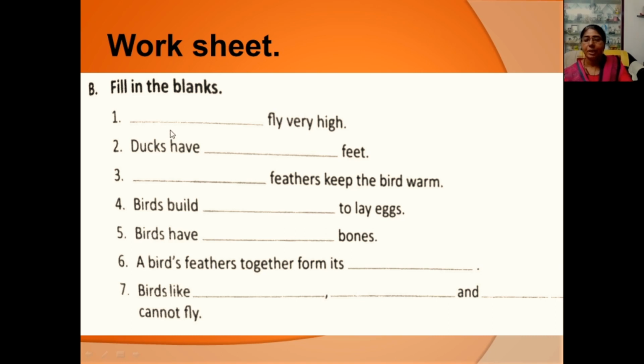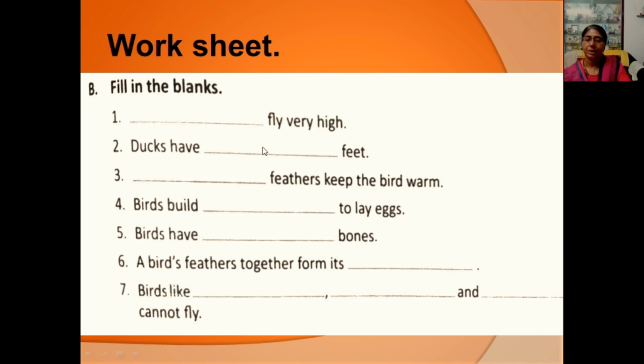Then next we have learned about birds fly at different heights. Eagles and vultures can fly at very high, but sparrow can fly very low. Peacock can fly short distance and crow and pigeon can fly long distance.